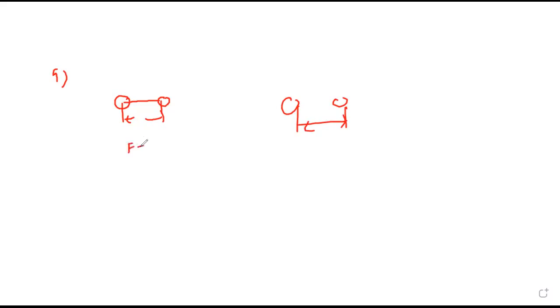In the first case, force will be 1 upon 4 pi epsilon naught Q1 Q2 upon R square, charged to the same potential.